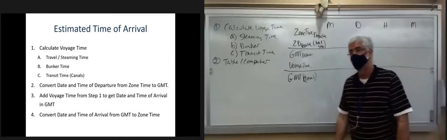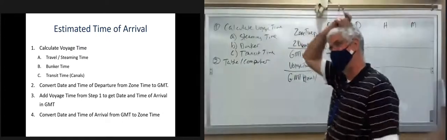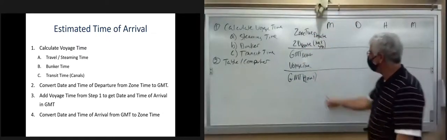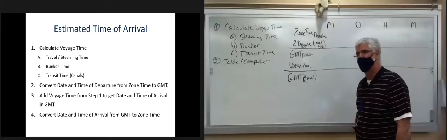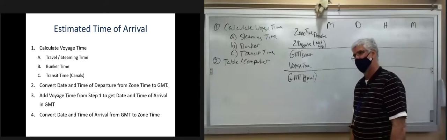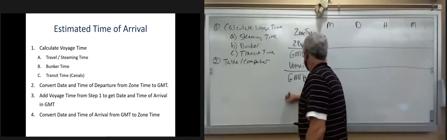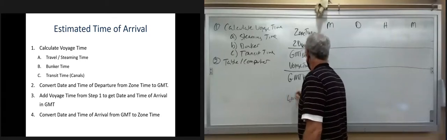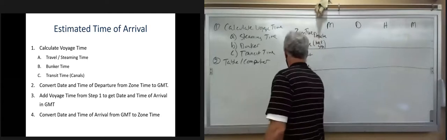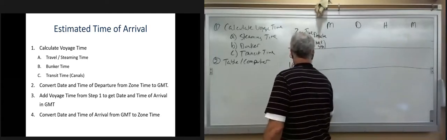Cool, thanks for volunteering. You're welcome. If I'm arriving in a country, do you want to have your ship in GMT time? What do you want to do? Oh, you want it to be in local time. Zone time of arrival.